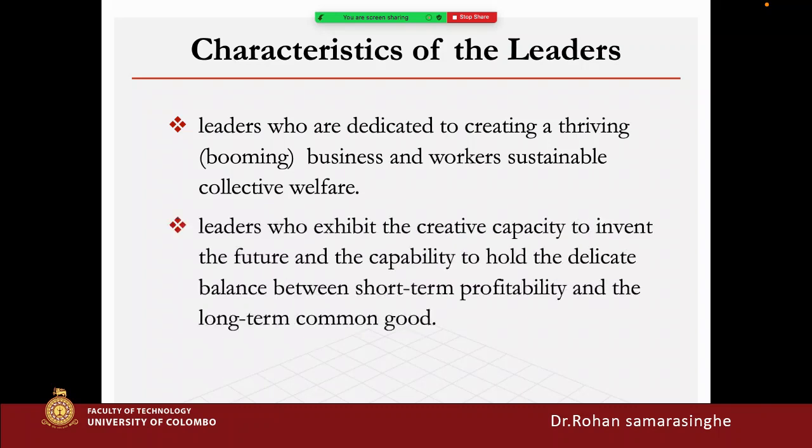And also leaders exhibit the creative capacity to invent the future and the capability of holding a delicate balance between short-term profitability and long-term common good. That's why I told you he has a long-term and short-term plan, and the vision and the mission. Those are connected to the plan.